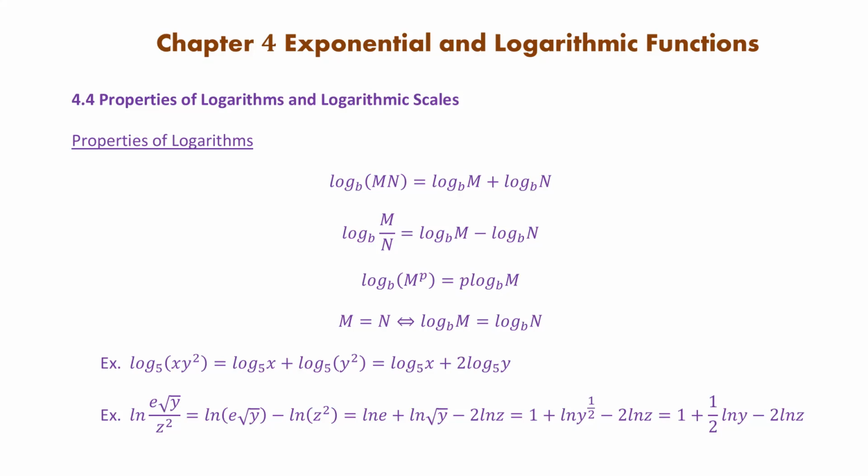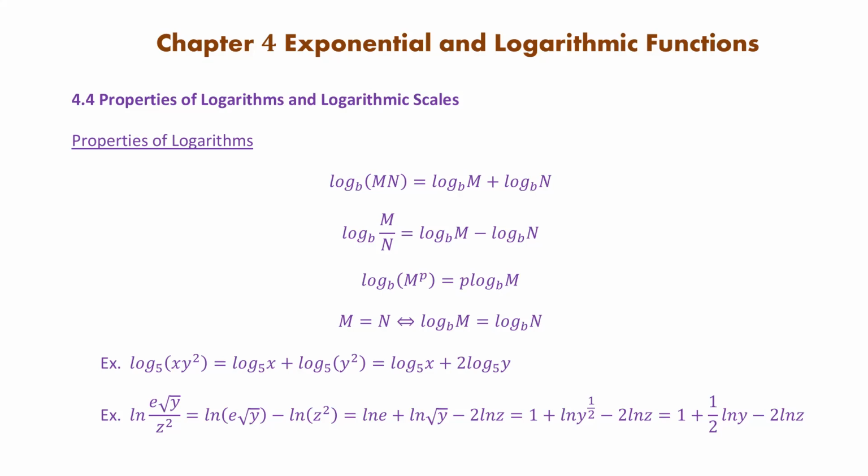As you know, ln e is just the logarithm of e with base e. Remember, natural log ln means the base is e itself. So you get 1 in the first term, because the base and the number you take the logarithm of are the same. So this is one property we discussed last time.